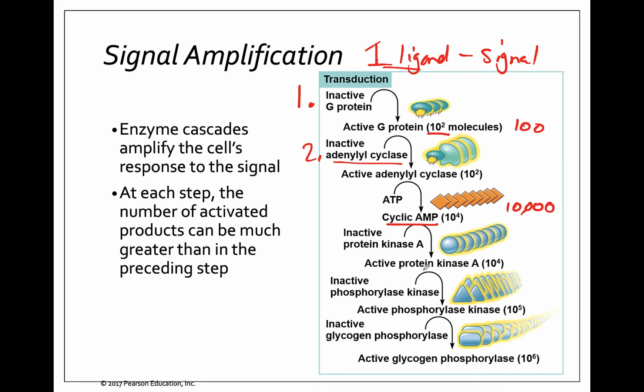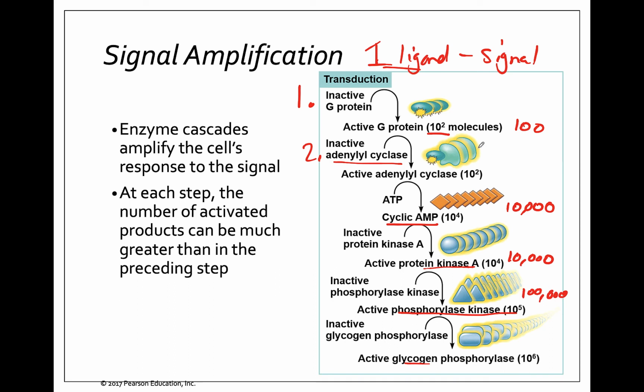Those secondary messengers activate one protein kinase each, so we're still at 10,000 protein kinase A. Each of those is able to activate 10 of another, phosphorylase kinase, so 10 to the fifth is now 100,000 phosphorylase kinase. And then eventually it's going to reach its final step, which is to activate glycogen phosphorylase.